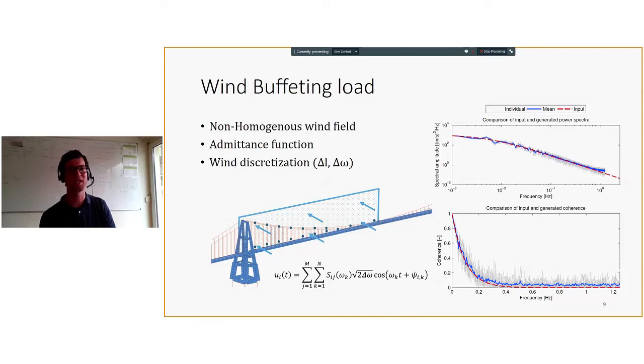The turbulence intensity depends on the height and on the mean wind velocity, so we are trying to simulate this as well. This is kind of a side solution. It's really hard to do a non-homogeneous simulation on such a large bridge. We have a lot of numerical problems, but we have found a good way around that.